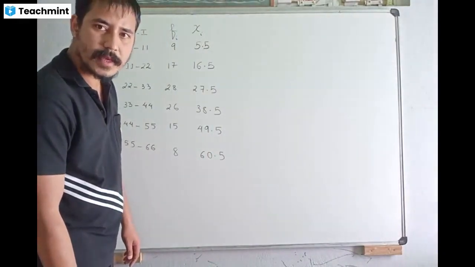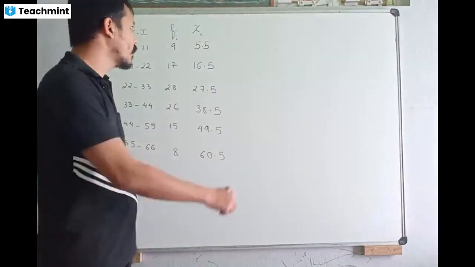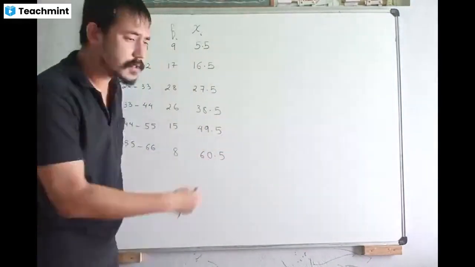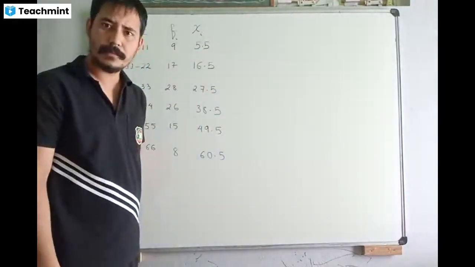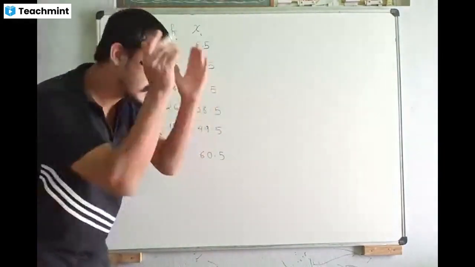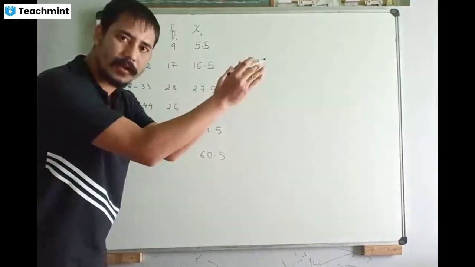What is deviation? You have so many mid values, so many center values. But among all of these, which one is the centermost value?